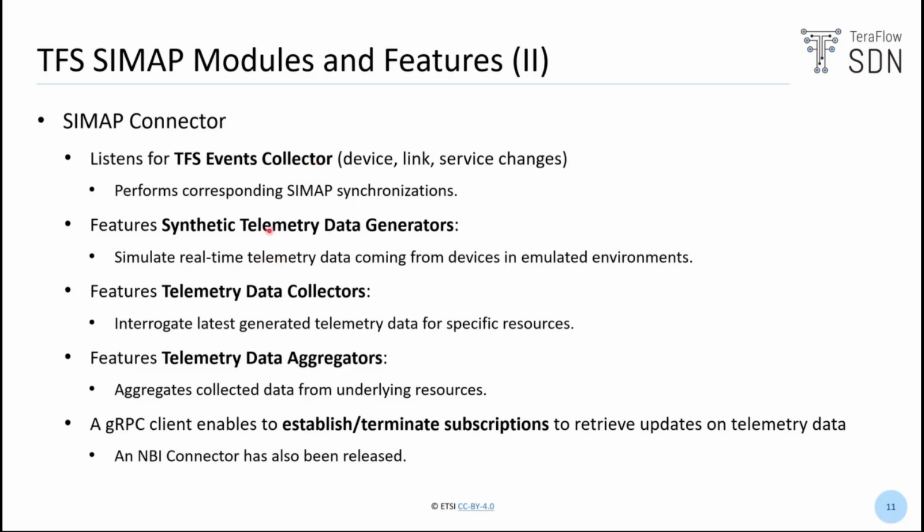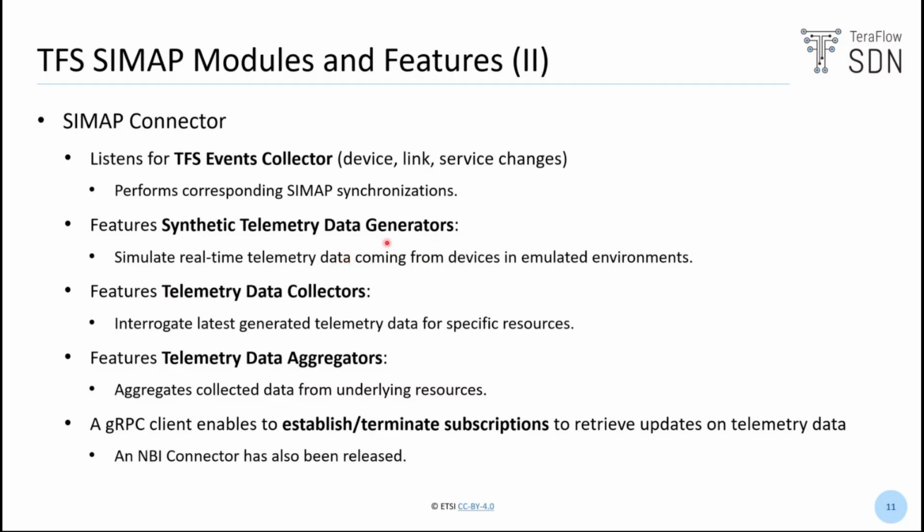The second feature that is implemented in this SIMAP connector is a set of synthetic telemetry data generators. The point is that here, for facilitating this initial experiment, we decided to go with synthetic data generators that you configure with some parameters and then generate telemetry data following a specific waveform that you can configure, or generate it randomly.